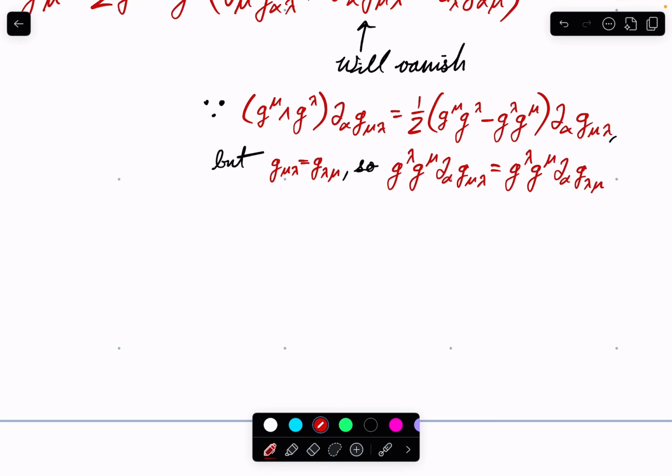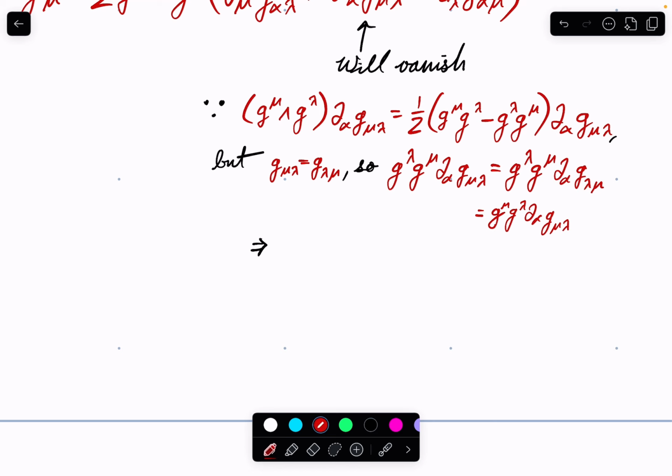Recall that indices are arbitrary, so we can swap them. As long as they're different, lambda and mu, we could just relabel this and say that it's g^μ g^λ partial alpha g_{μλ}. We can just relabel it by swapping the index order because indices are arbitrary.